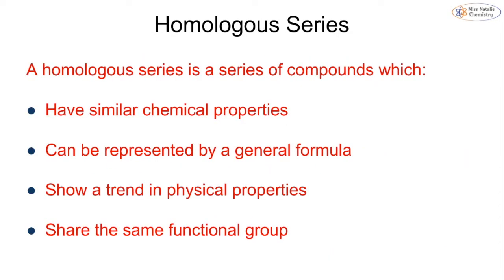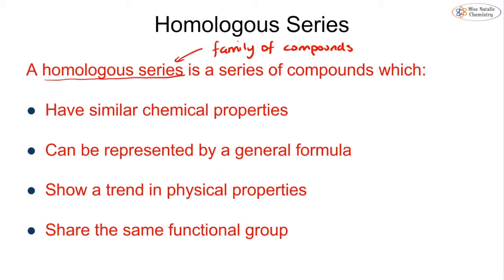Now, all of these families of compounds that we are going to meet are known as a homologous series. So a homologous series is another word for a family of compounds. And we're going to use this analogy of being a family when we talk about how we name these substances as well. And we'll look at that later on in this video as well as in further topics.